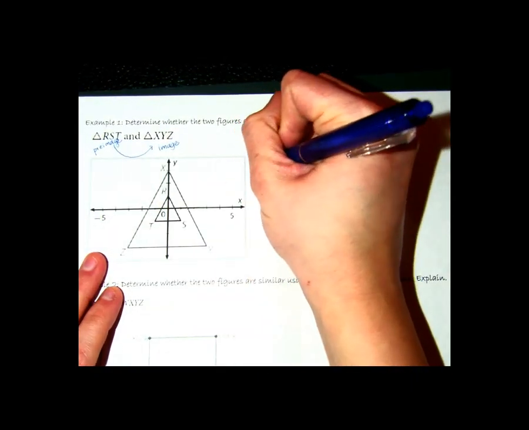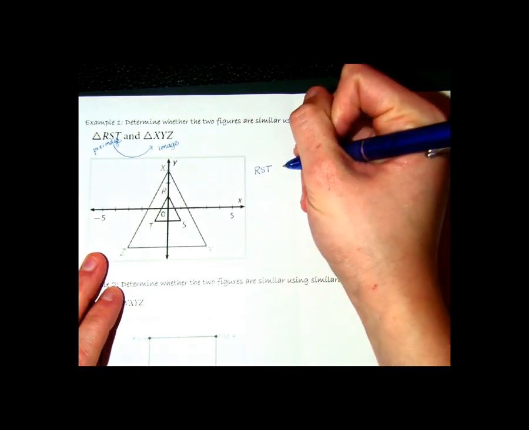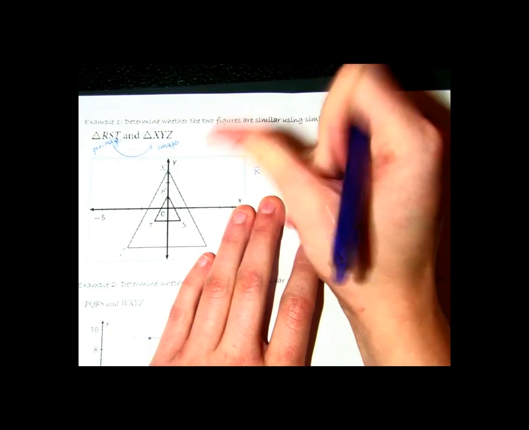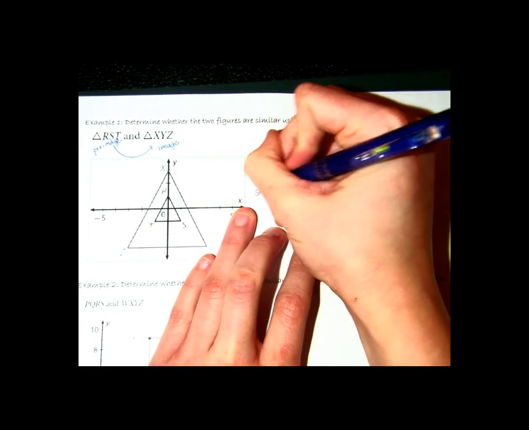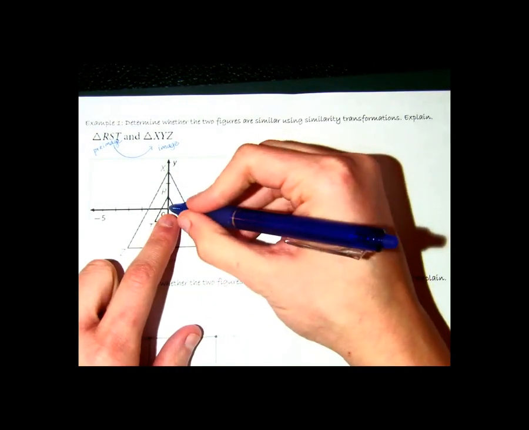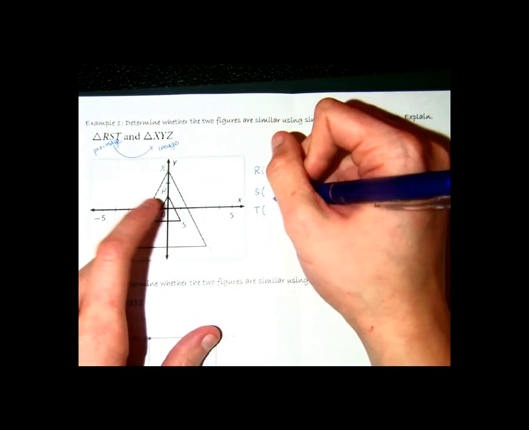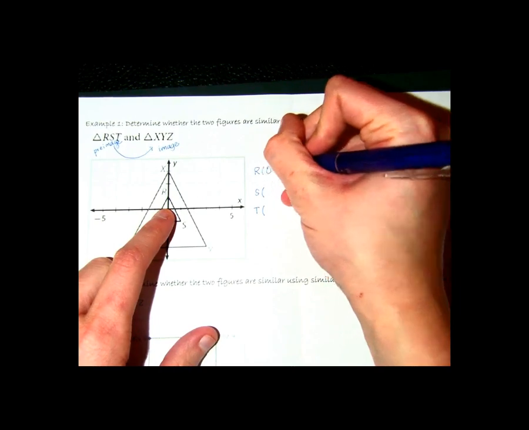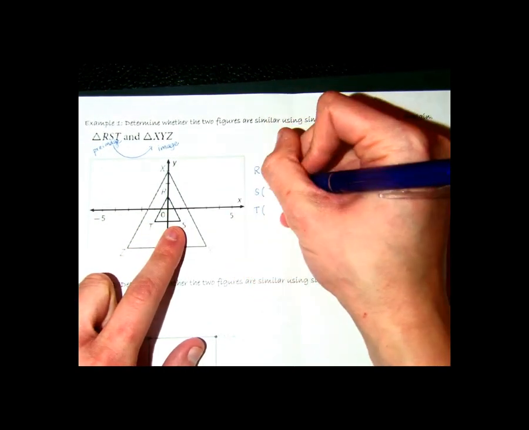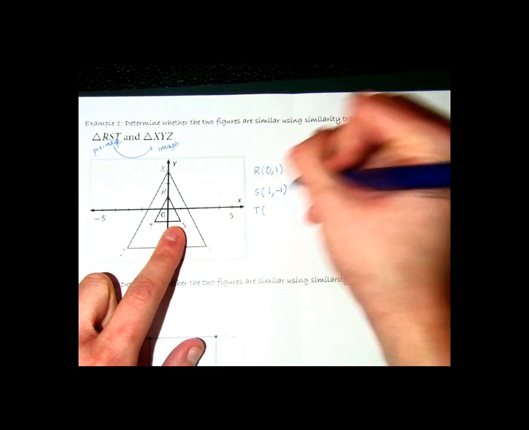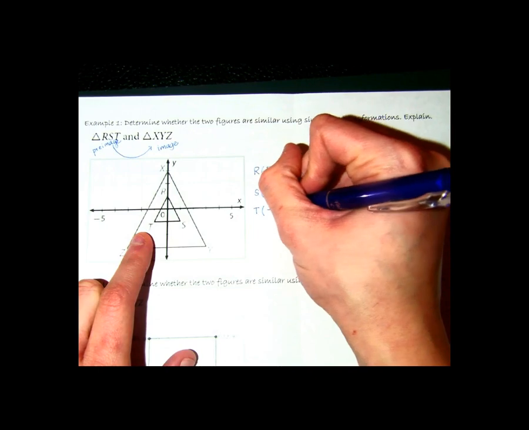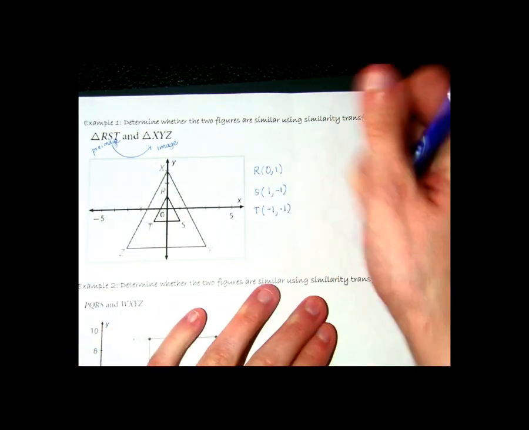So we've got R, S, T. R is 0, 1. S is 1, negative 1. And T is negative 1, negative 1.